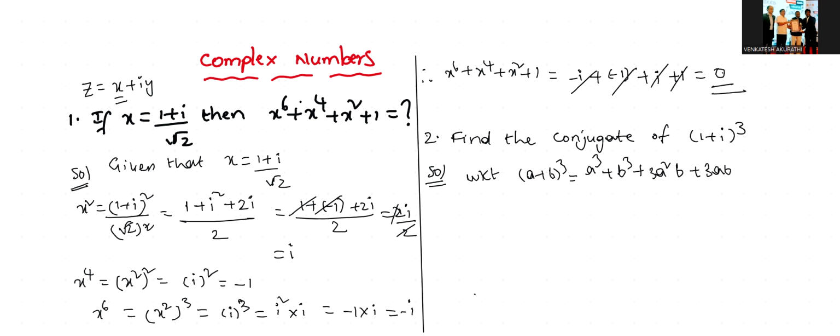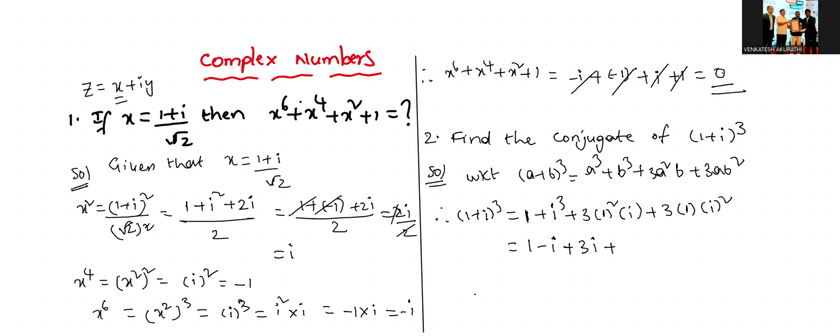Therefore, (1 plus i) whole cube is equal to 1 cube means 1, plus i cube, plus 3a square b plus 3ab square.